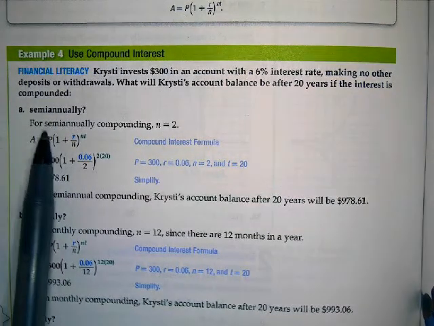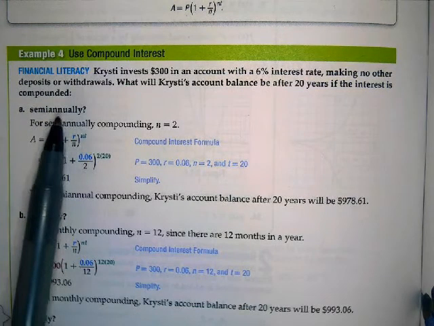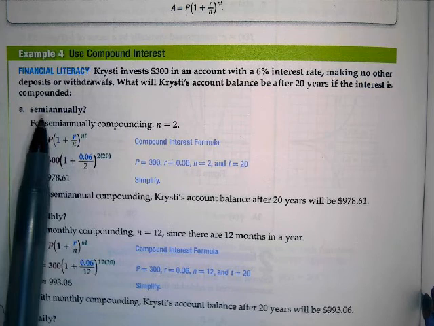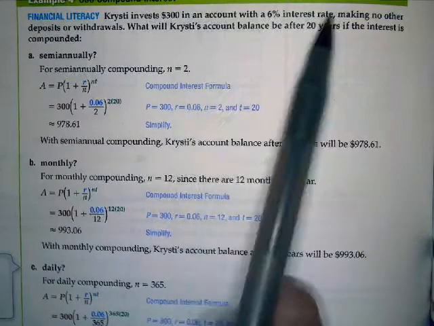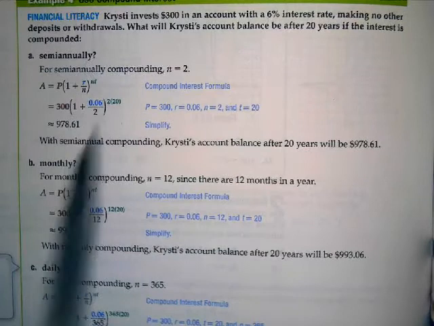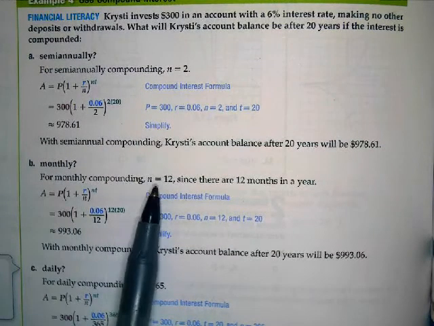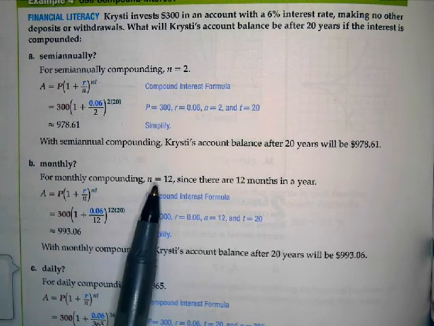different about it is in part A, they're showing you the problem if it's compounded semi-annually. If that's the case, your value of n is 2. That's for part A. All this stays the same, but in part B they're compounding it monthly, then your value of n is what?